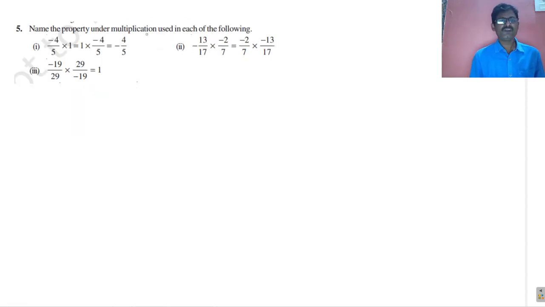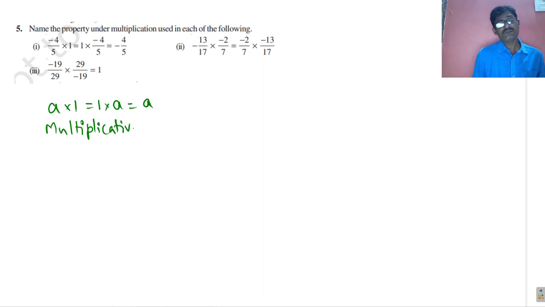Name the property under multiplication used in each of the following. In the first one you observe that it is like a times 1 equal to 1 times a equal to a. Instead of a we have negative 4 by 5 here. This is multiplicative identity.